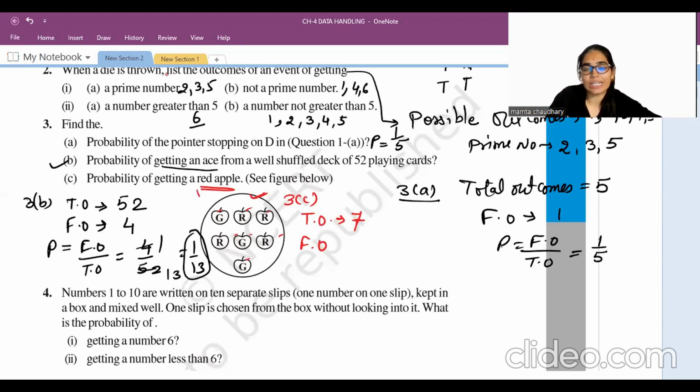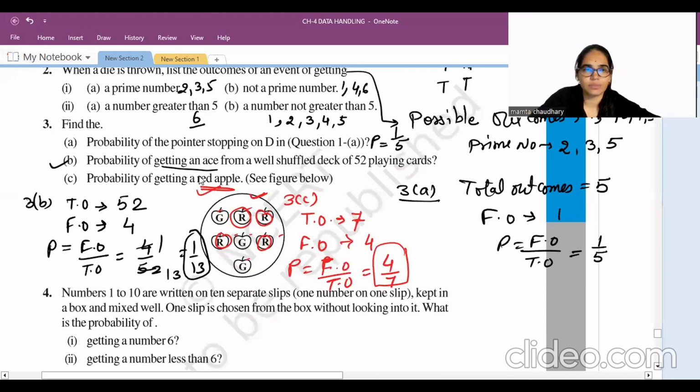The event is getting a red apple. 1 red, 2 red, 3 red, 4 red. There are 4 red. So probability is favorable outcomes upon total outcomes. Favorable is 4, total is 7. So the probability is 4 by 7.